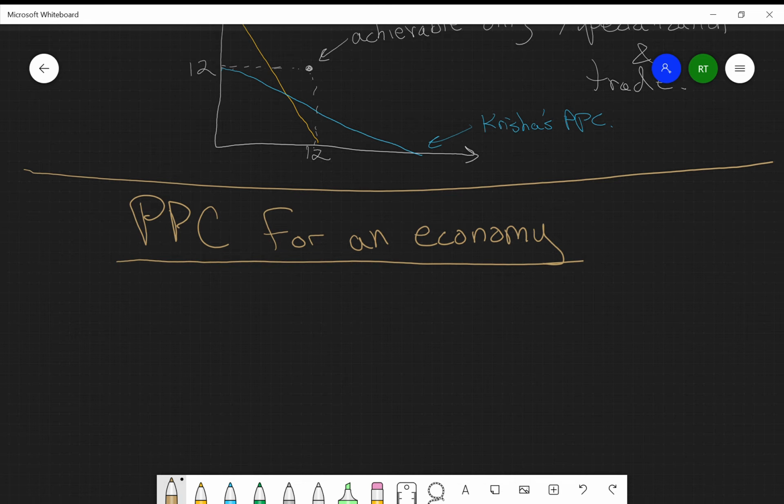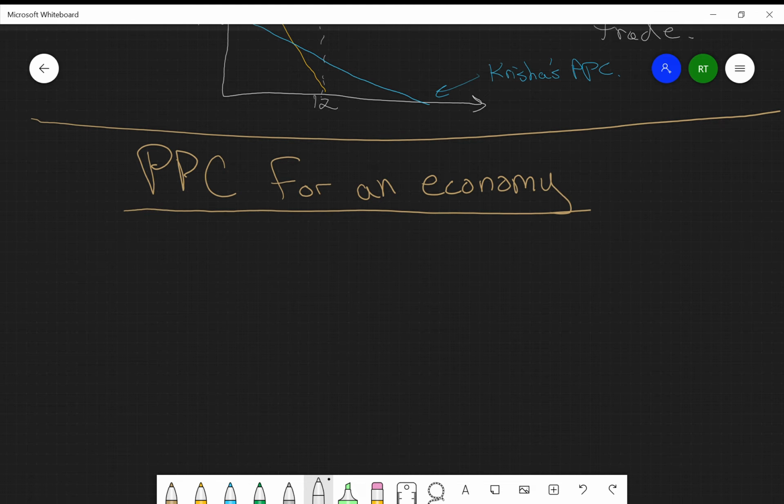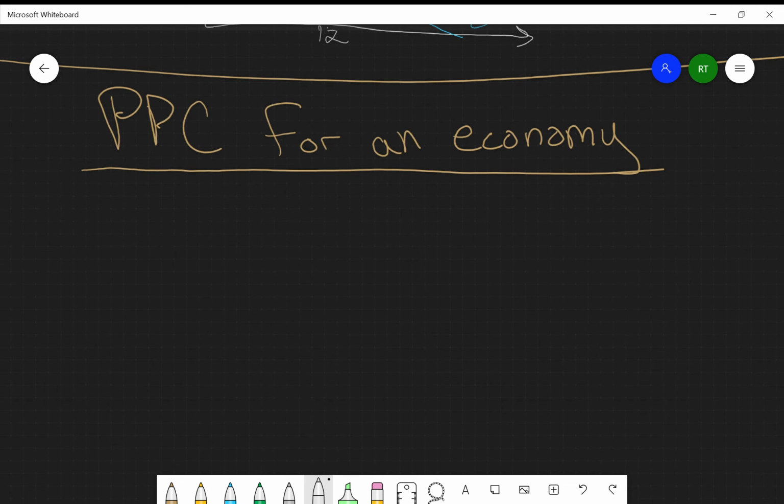And so again, we're still going to have the same y-axis. So we're going to be using coffee.